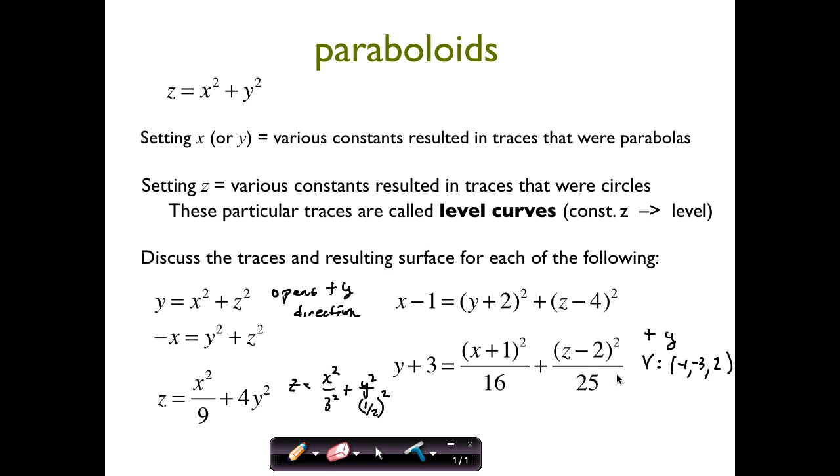Those radii will get bigger, but the ratio of your radii will always be 5 in the z to 4 in the x. So this is an elliptical paraboloid.